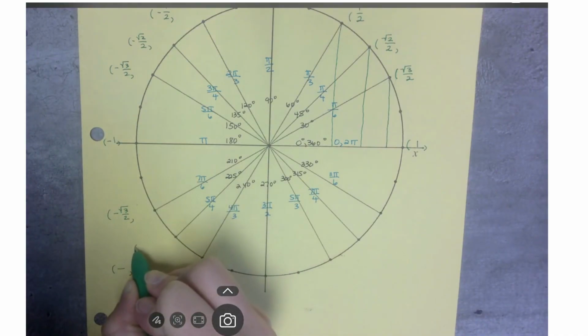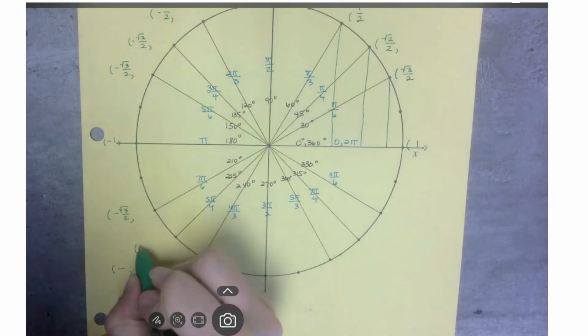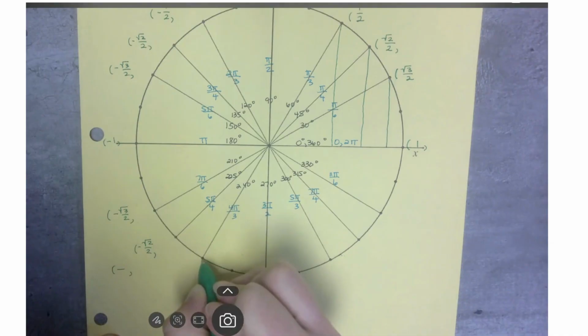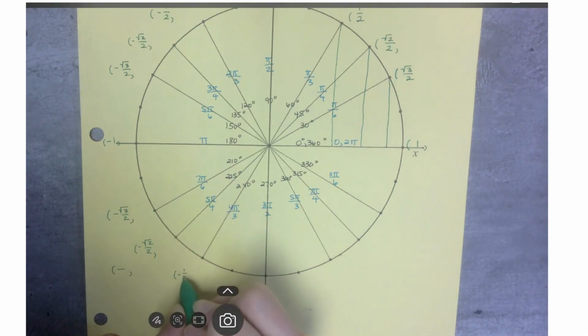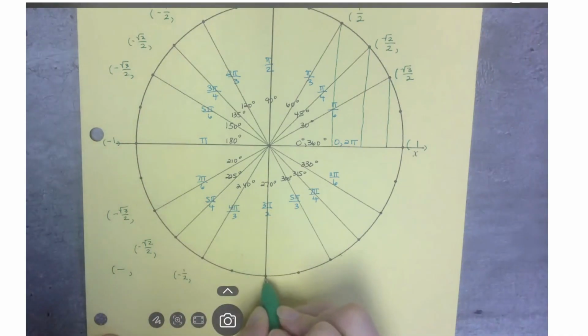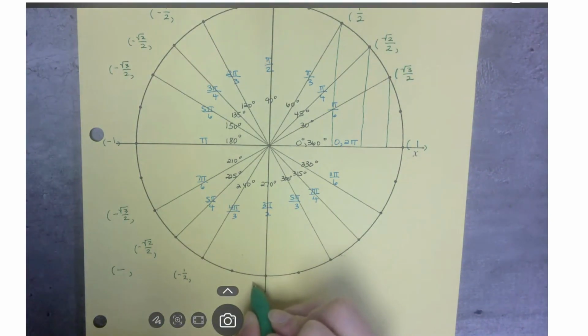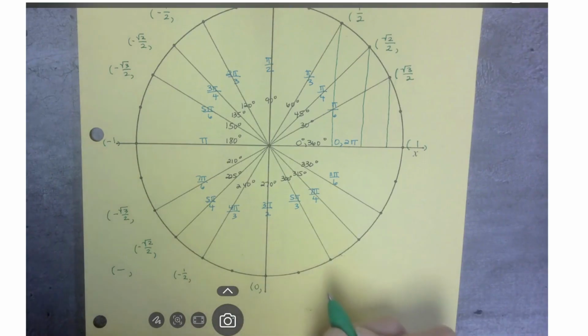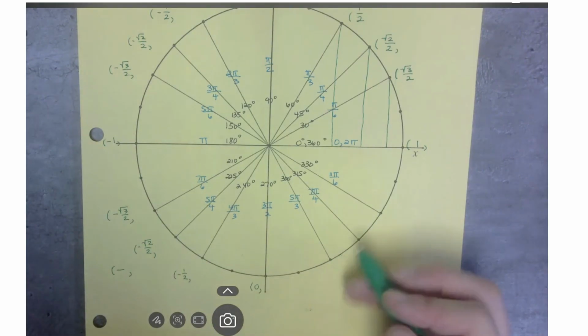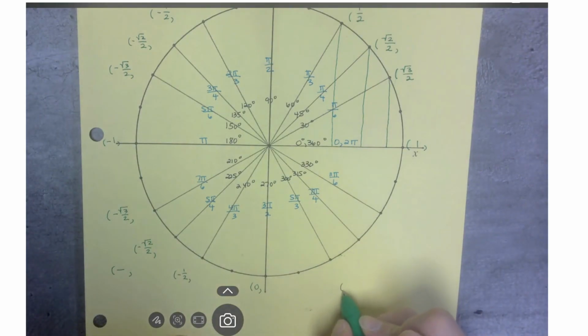At 5 pi over 4, using that symmetry, negative square root of 2 over 2. And this right here is going to be negative 1/2. What's this distance away from the y-axis here for the cosine or the x value? Again, it's 0.